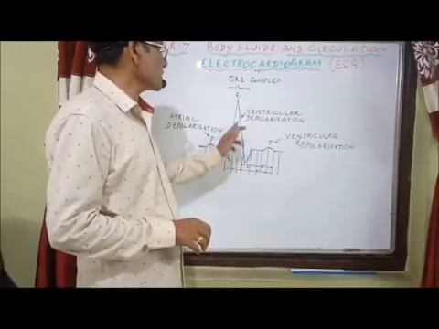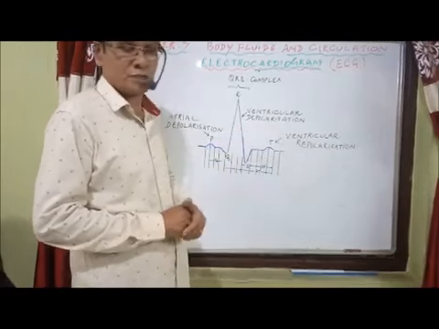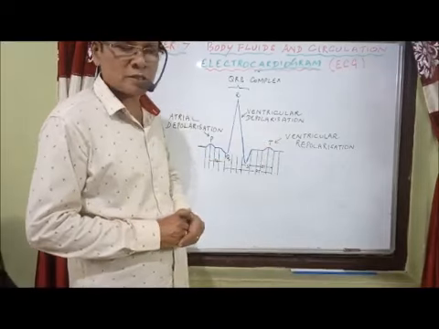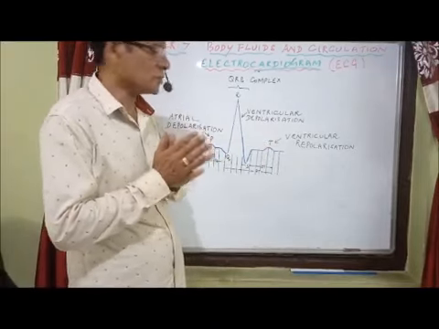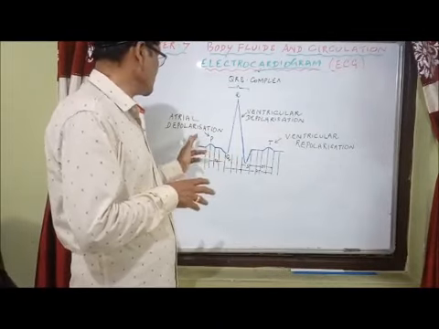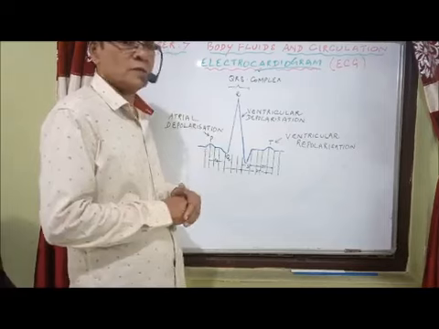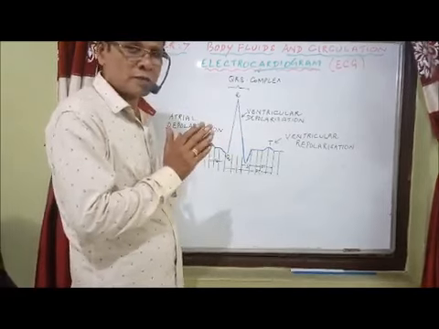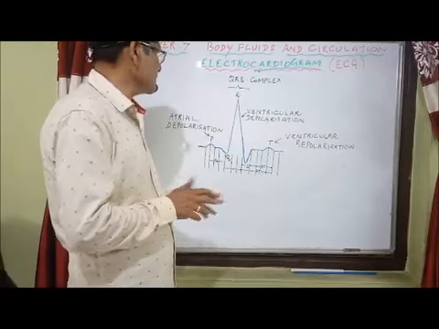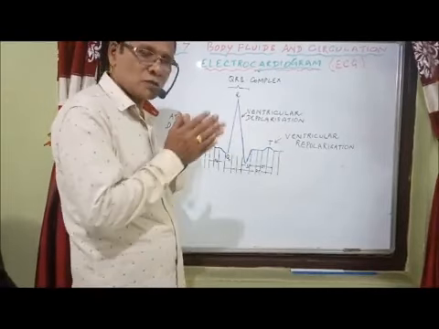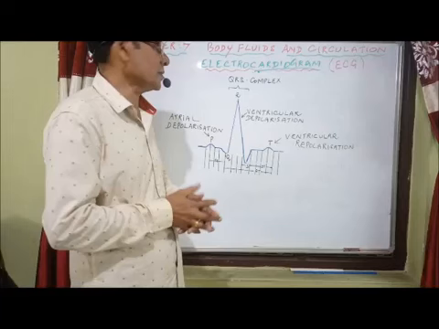Now the QRS complex represents ventricular depolarization. Similarly, the T wave represents ventricular repolarization. That's the only stage where repolarization is visible. I mentioned already that atrial repolarization is not represented in the wave, because the depolarization and repolarization of the atria occur simultaneously.